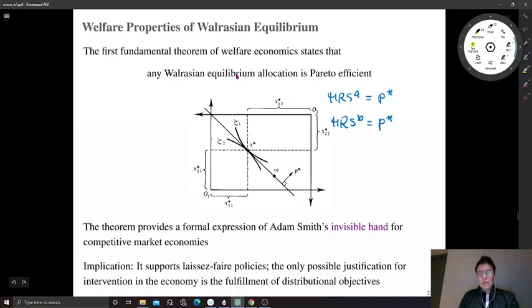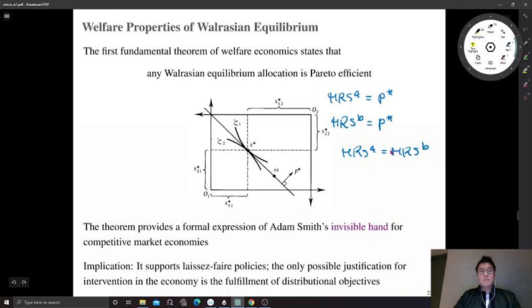Combining these two conditions, we have MRS A equals MRS B. That is sufficient for Pareto efficiency whenever indifference curves are well behaved.